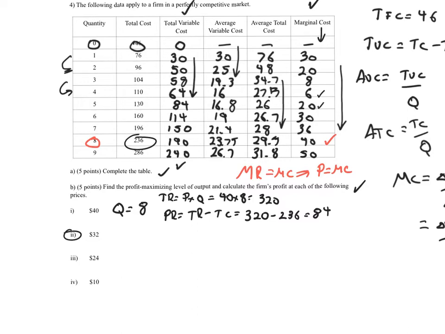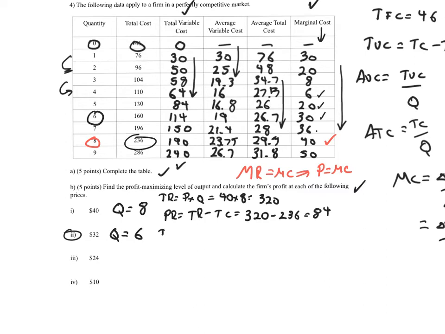At the 5th unit, the marginal cost is 20, the price is still greater. At the 6th unit, the marginal cost is 30, 32 is still greater. But when we hit 36, that's too big. So we go one back, and the profit maximizing quantity is 6.